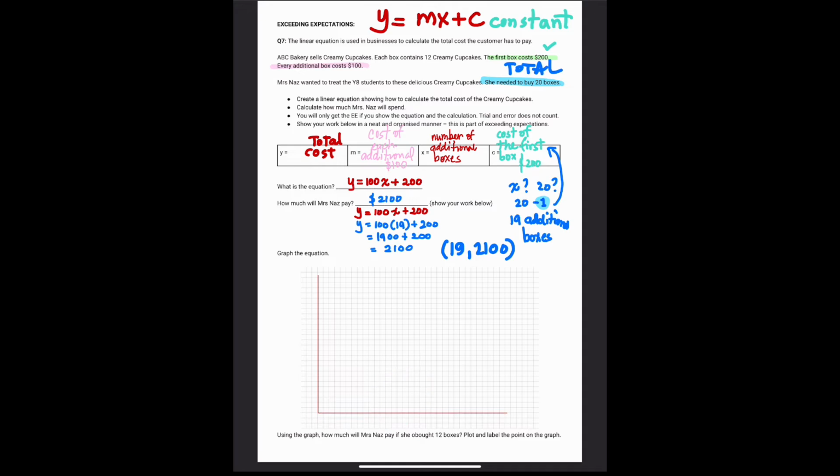The y-axis is the total cost, so you need to label total cost. And the x-axis is number of additional boxes, so we need to label number of additional boxes.